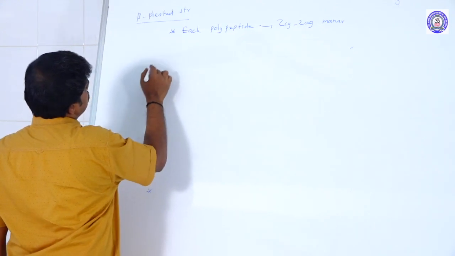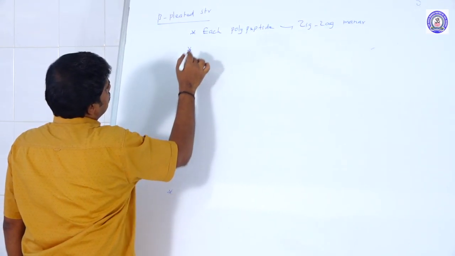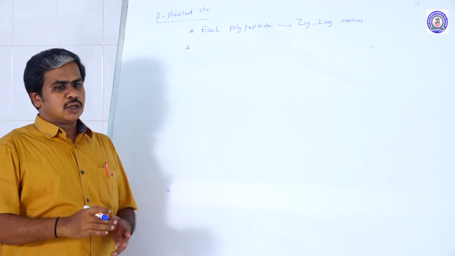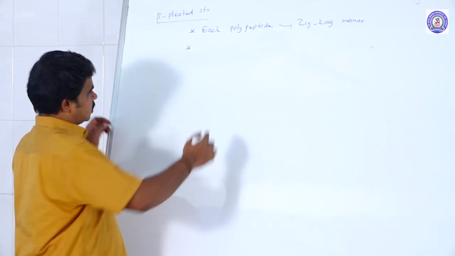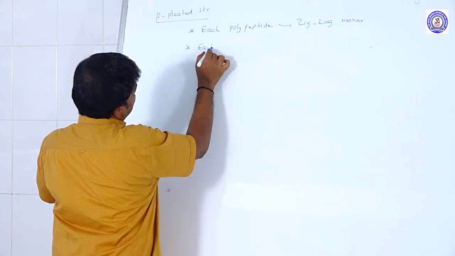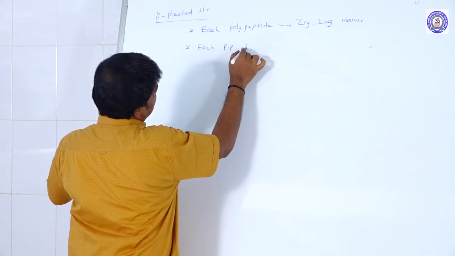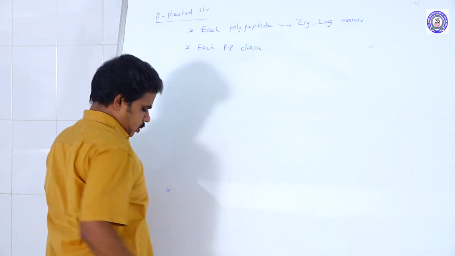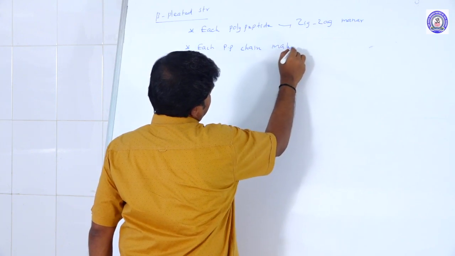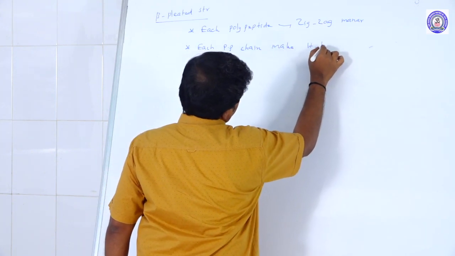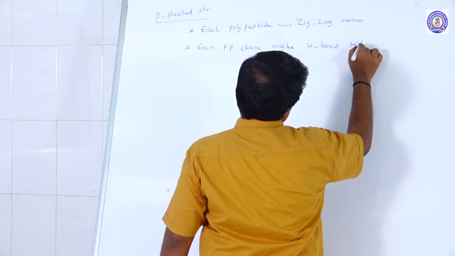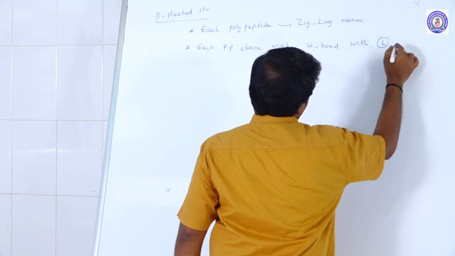Now, each polypeptide chain makes hydrogen bonds with two neighboring groups.